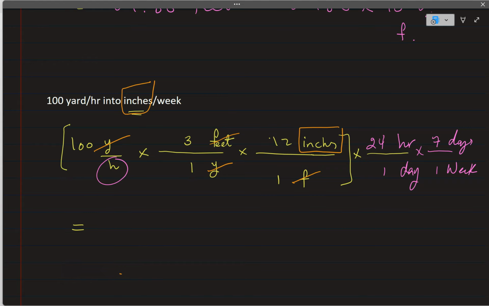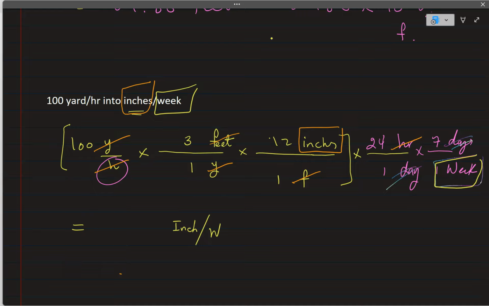The next, we're going to get rid of the hour and hour. We are getting rid of day, and what we will have is week, which we have week there. So our answer will end up being inches per week. That's what our answer will be.